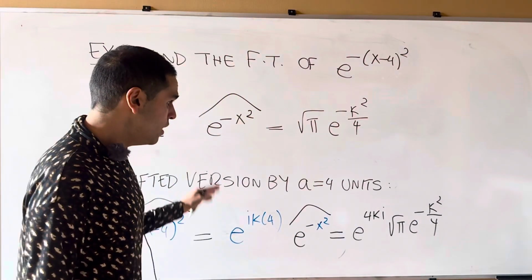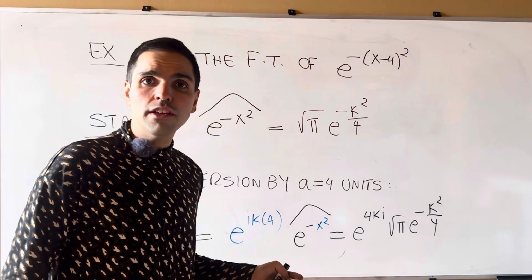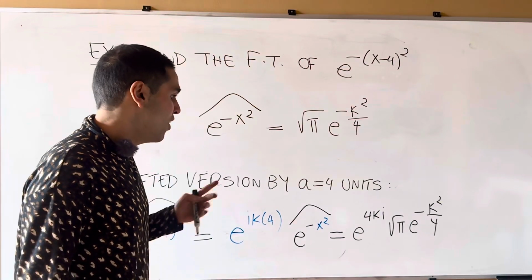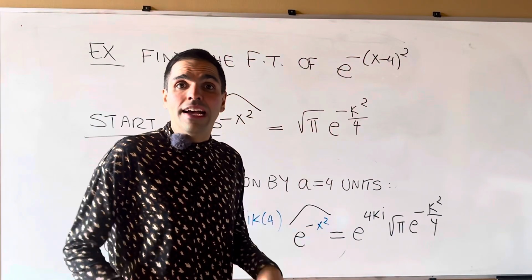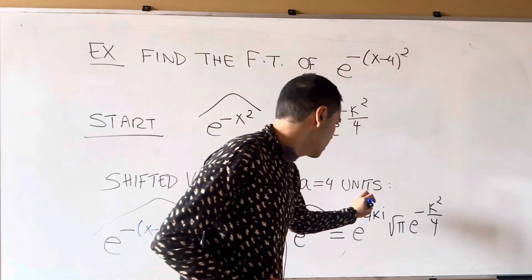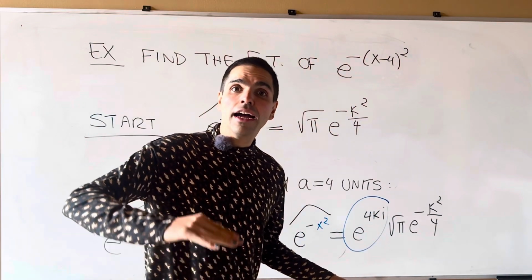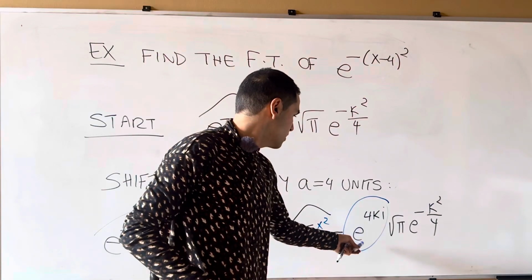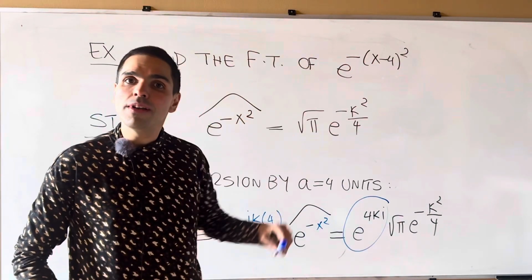So you see, if you know the Fourier transform of the unshifted function, you can easily also find the Fourier transform of the shifted function. And I wouldn't be surprised if this has some cool application in signal processing, because I kind of interpret this extra factor as going to another level of the spectrum, because the spectrum, I believe, behaves like complex exponentials.